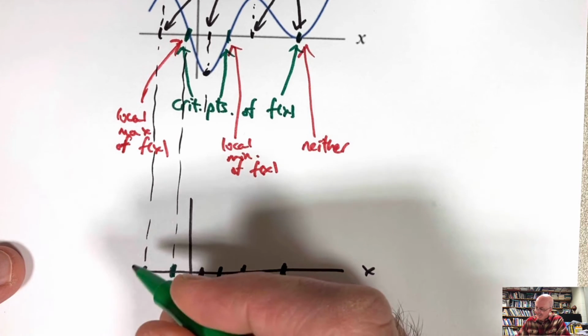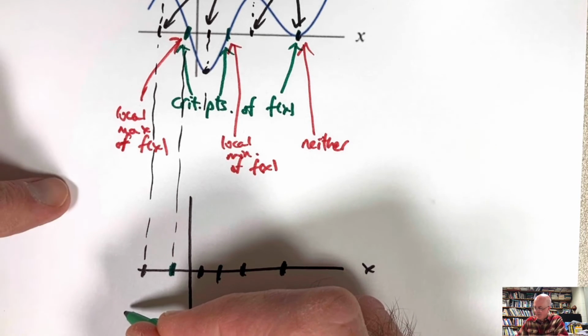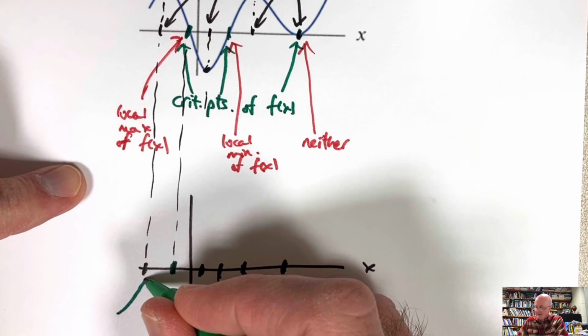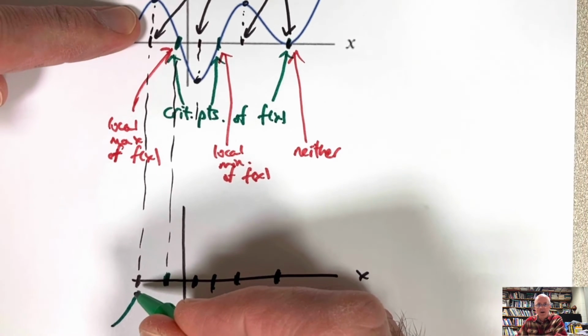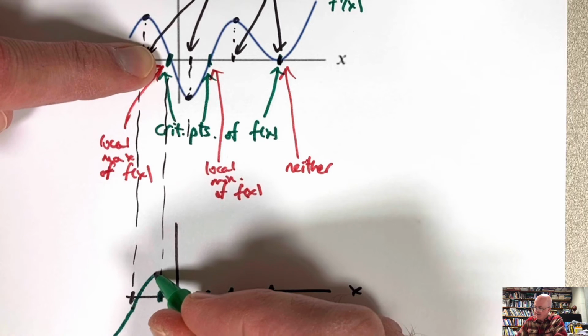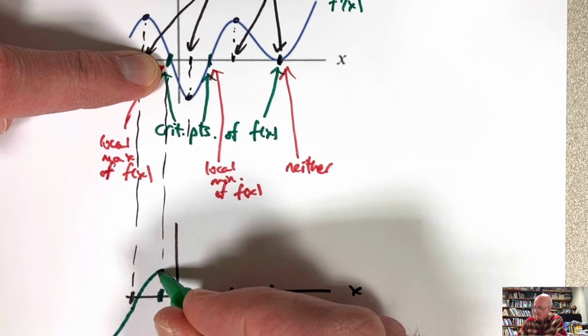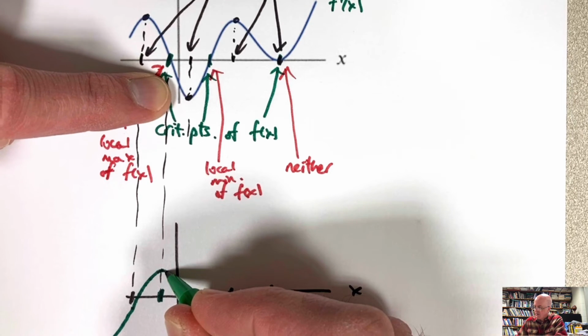So what does the graph of f look like? It's concave up until you reach this point where f prime has a maximum, and then it becomes concave down, has a local max at this critical point because f prime changes sign from positive to negative, then goes down.